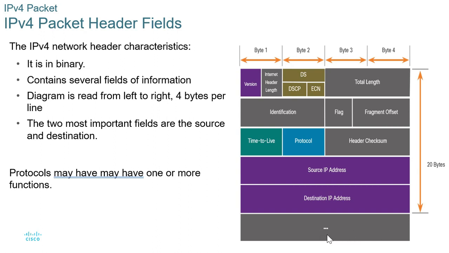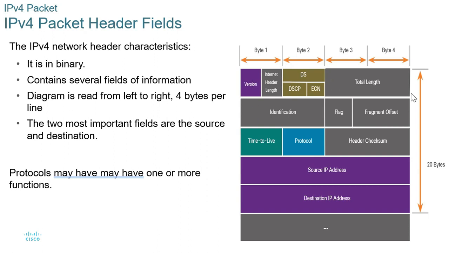Okay, ada field option di sini yang variable length. So the variable length of the option field may go up until 40 bytes. Okay, itu yang menyebabkan header dia 20 plus 40 jadi 60 lah maksimum. Kalau tak ada option, the minimum will be 20 bytes.